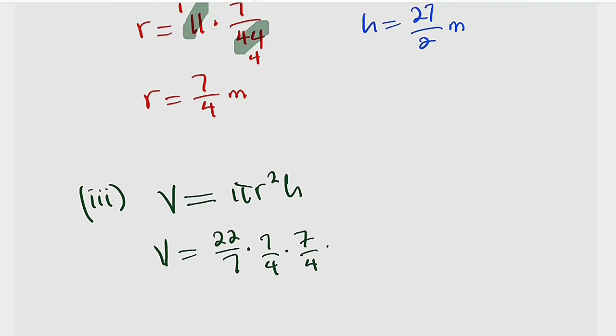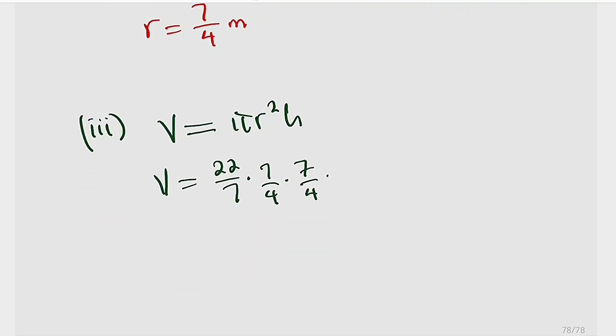Then multiplied by the h. h is 27 divided by 2. Okay, let me make a cancellation here. 7 will cancel 7, right? 2 can go into 2 exactly one time, and the same 2 can go into 22 11 times.